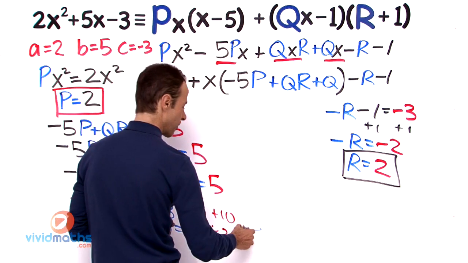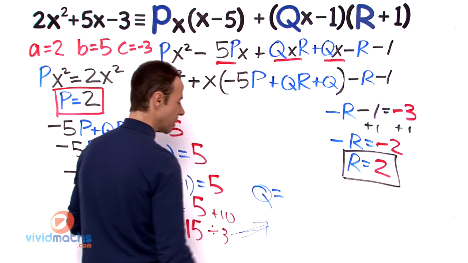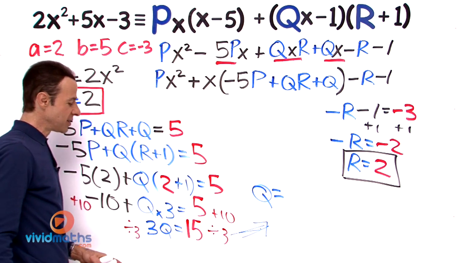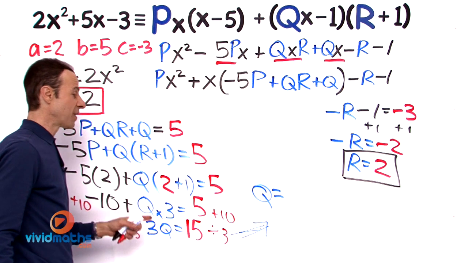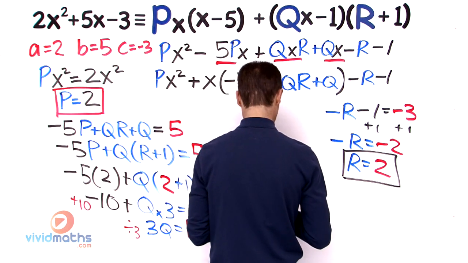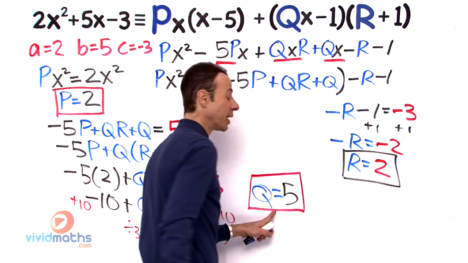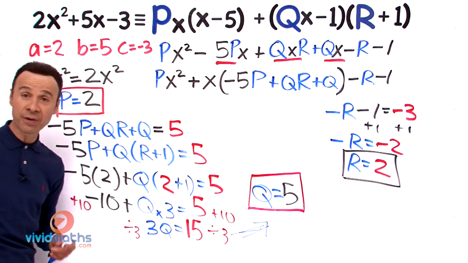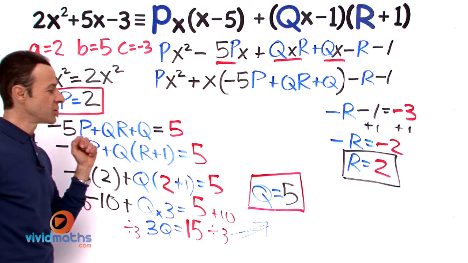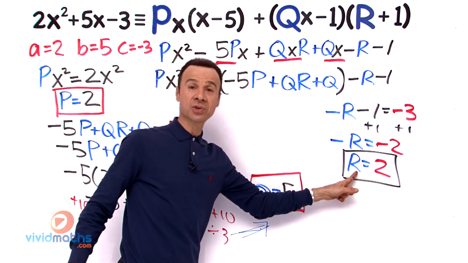So the value of q equals 15 divided by 3. Q equals 5. Summarizing again, the three variables are: the first one, p equals 2, second one, q equals 5, and finally, r equals 2.